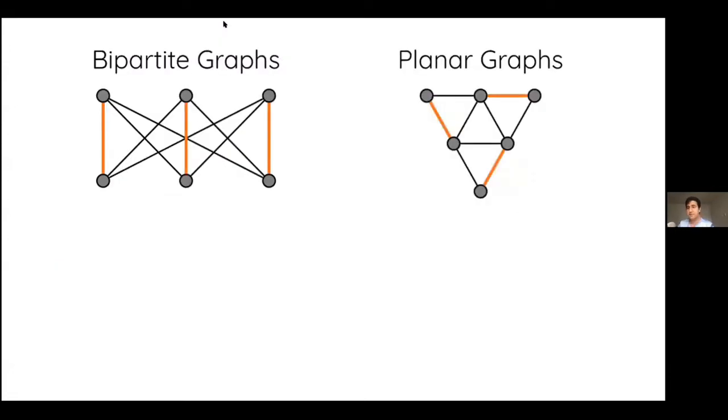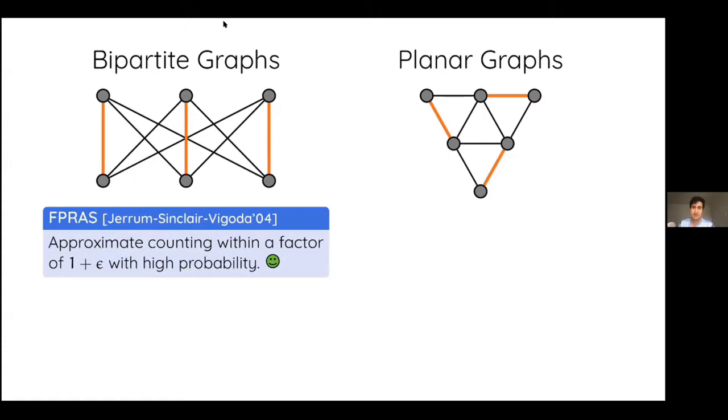Even though we don't know whether perfect matchings in all graphs can be approximately counted or not, there are two major classes for which we have good algorithms that can count: the class of bipartite graphs and planar graphs. For bipartite graphs, it was shown in a major work by Jerrum, Sinclair and Vigoda that you can get an FPRAS.